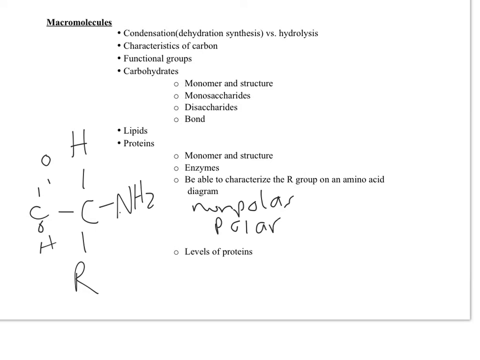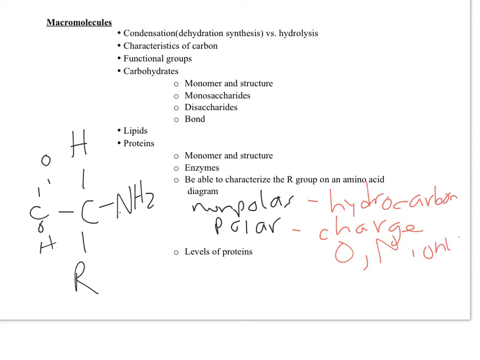Things that you look for to be nonpolar would be a hydrocarbon, so a bunch of carbons and hydrogens bonded together, kind of like a lipid. If it was polar, maybe you would see a charge, or oxygen and nitrogen sometimes. Those are things that are polar, and this would make it ionic as well. Nonpolar would be hydrophobic. Okay.